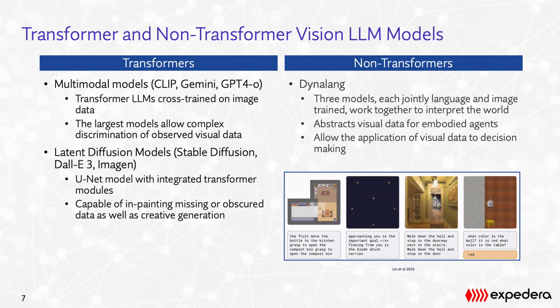So this means that if your camera sees something that's partially obscured, it can guess what's behind the obscured area. So even when we're not talking about novel generation, you get the ability to have a better understanding of the space around you based on what your camera is seeing.